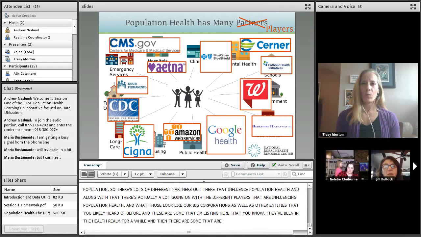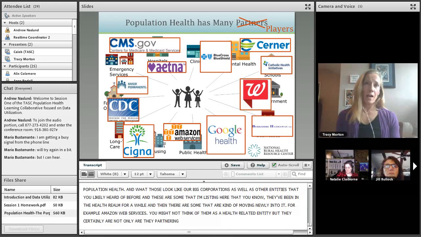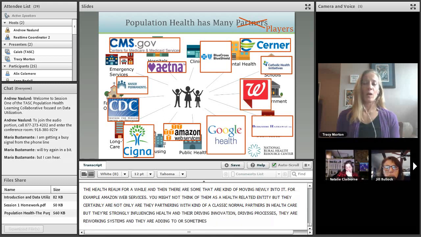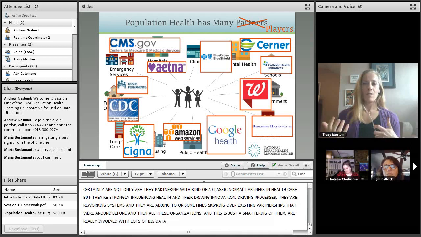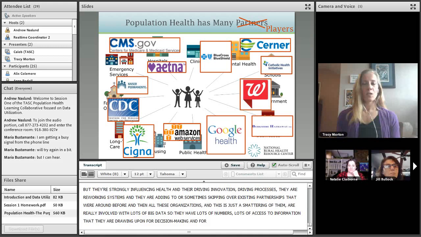And along with that, there's a lot going on with different, what I'll term players, that are now influencing population health. What those look like are big corporations as well as other entities that you've likely heard of before. These are some on the screen here. They've been in the health realm for a while, and then there are some that are newly moving into it. For example, Amazon Web Services is maybe not a classic example that you would think of as a healthcare or health-related entity, but they certainly are. And not only are they partnering with our classic partners within healthcare, but they're strongly influencing health.